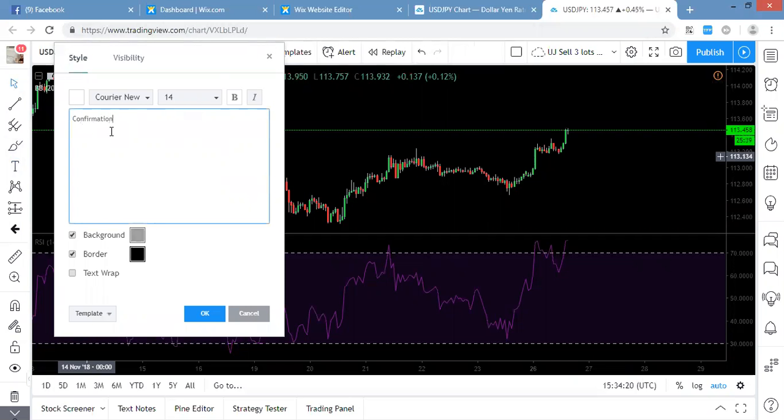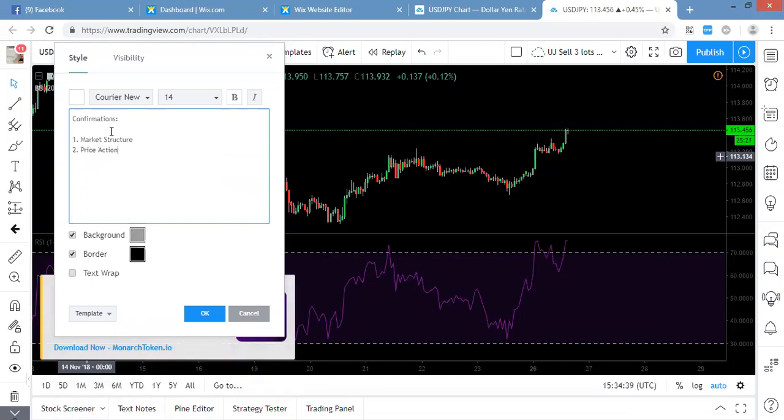Now with our strategy, with the Masterminds trading strategy, we basically have 5 key confirmations, but 4 that we're heavily relying on. Number 1 is market structure. Remember, we had the order in the previous video where we talked about this. Number 2 is price action. Number 3 is RSI or divergence.